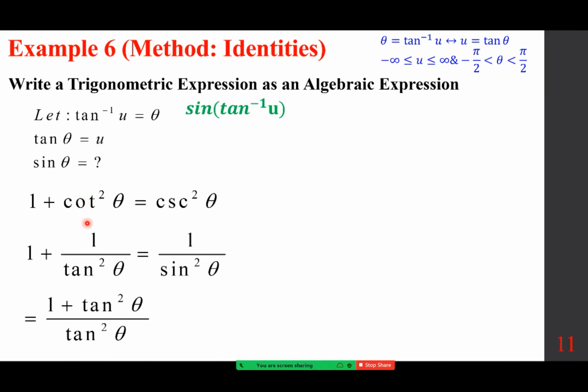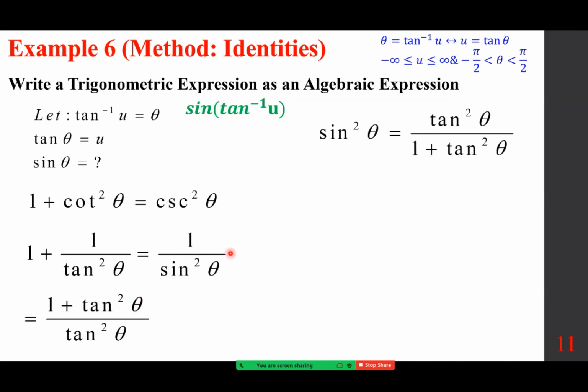So 1 over u, and this is 1 over sine squared. Or you can find cosecant and then find the reciprocal. So when you take a common denominator here, you get 1 plus tan squared over tan squared. So if 1 over sine squared is equal to that, what is sine squared? The reciprocal of this is sine squared.